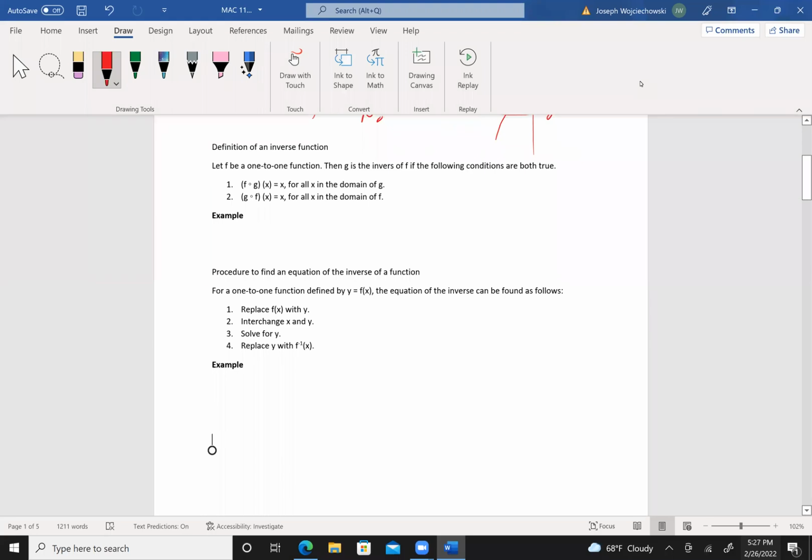So let's see if we have something here we can look at. Determine whether the function is one-to-one. So we'll look at f of x equals negative 4x plus 1.